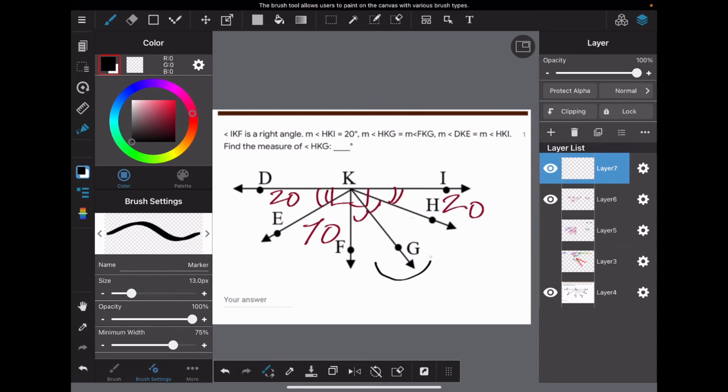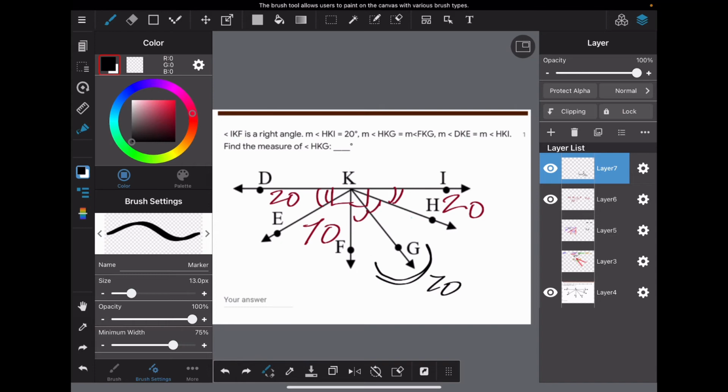So since the sum of these angles is 70 degrees, well, we know that. But we also know, because it's given, that these angles are congruent. So that means that this angle plus this angle equals 70. And if they're congruent, that means they're the same.